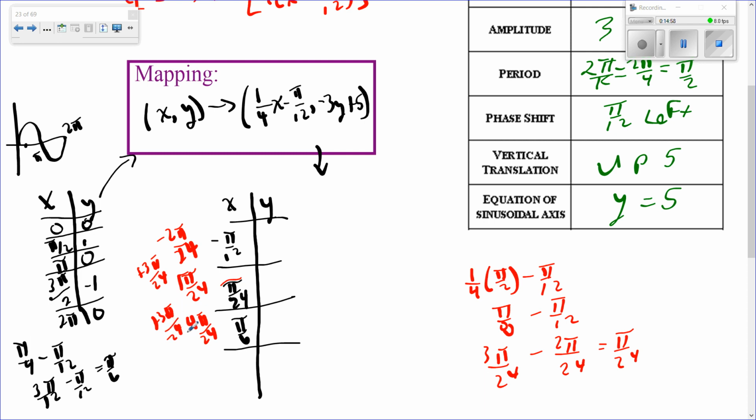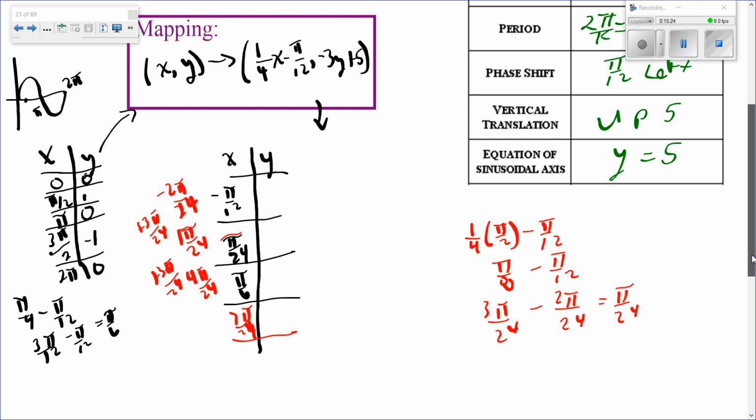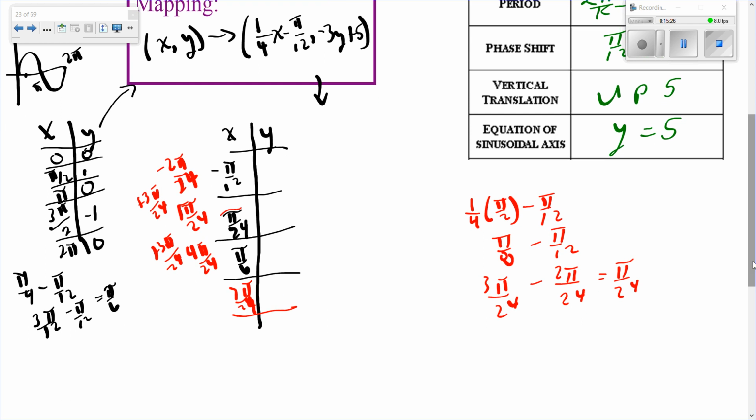So I can see that I'm going to add every time now 3 pi over 24. Well, if I'm at 4 pi over 24, which is what this is equal to, and I add 3 pi over 24, I'm going to be at 7 pi over 24 for my next one. It's a mess. I apologize. Then I go to the next one. So, well, I got to add 3 more pi over 24s to this one.